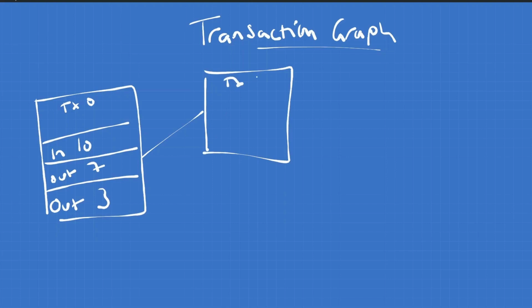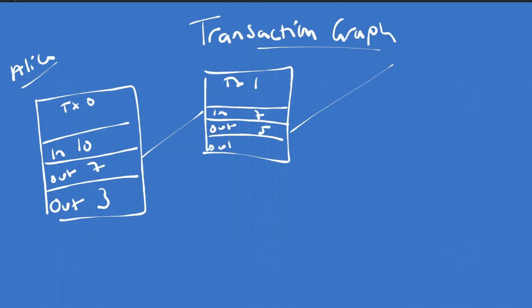We'll call this TX1. As an input to this one, our merchant has the 7 BTC that Alice paid our merchant, and we can say that our merchant pays out 5 and receives back change 2, which is later spent in another transaction.